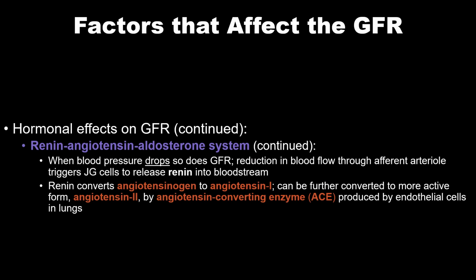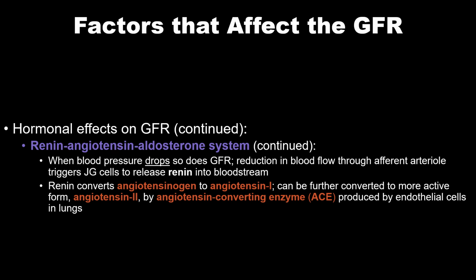And so the RAAS is going to proceed in several steps. First, let's say systemic blood pressure drops, causing a decrease in the filtration rate. The juxtaglomerular cells are going to release renin. And this is supposed to convert angiotensinogen into angiotensin 1.